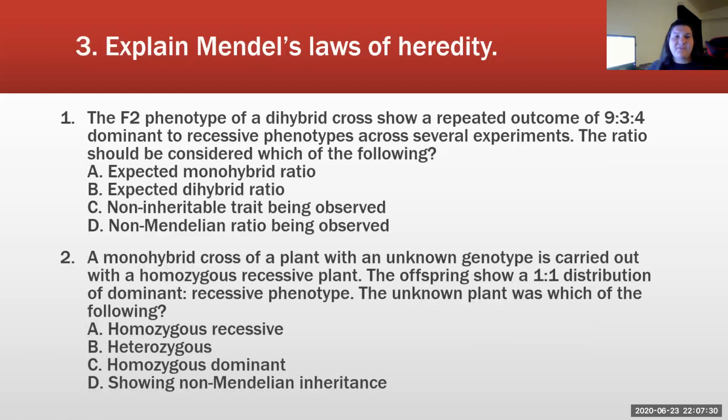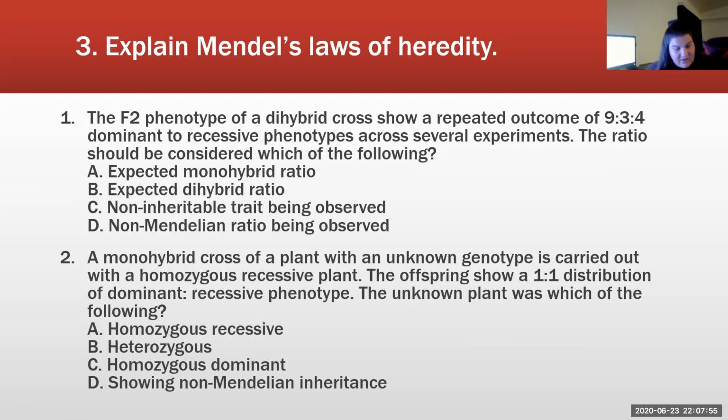The F2 phenotype of a dihybrid cross shows a repeated outcome of 9-3-4 dominant to recessive phenotypes across several experiments. The ratio should be considered which of the following? Option D is correct. Non-Mendelian ratios being observed.